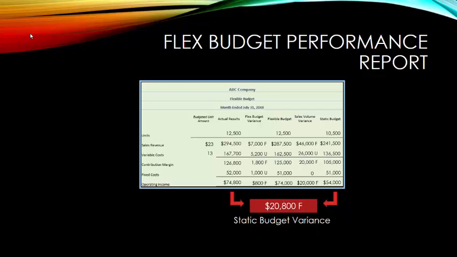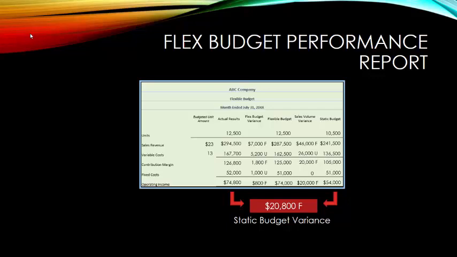Well, the difference found in the sales volume variance is how much of that increase between your budgeted income and your actual income could be attributed purely to the fact that you sold more units, right? If you sell more units, you're going to have more income. So for ABC Company, they are saying that $20,000 of that $20,800 difference can be attributed to the fact that they made and sold 2,000 more units during the period.